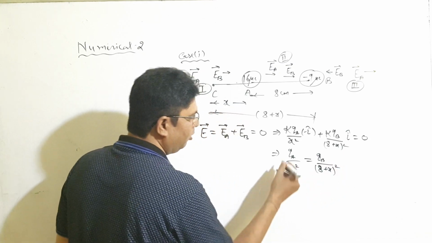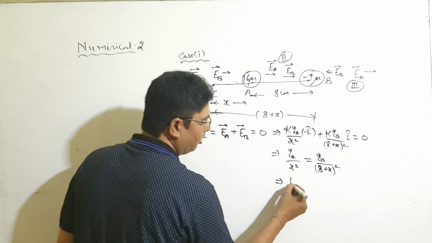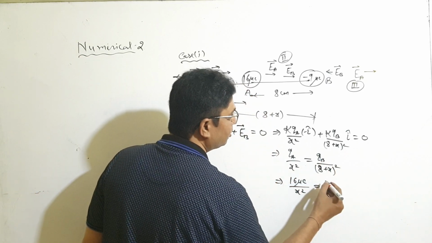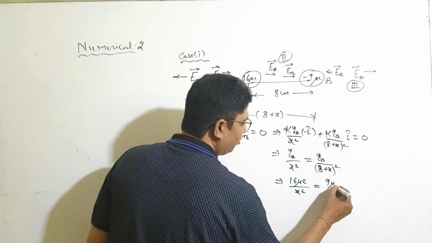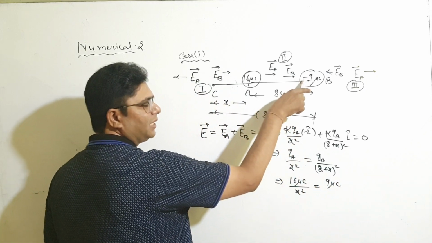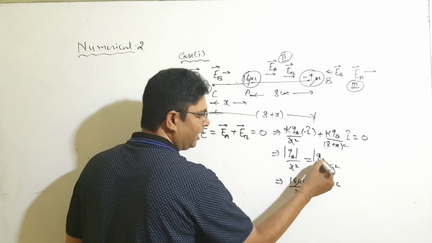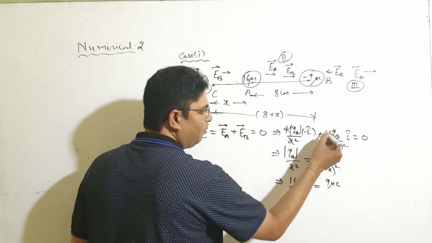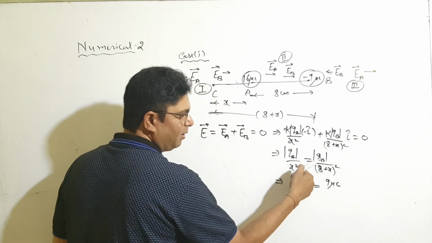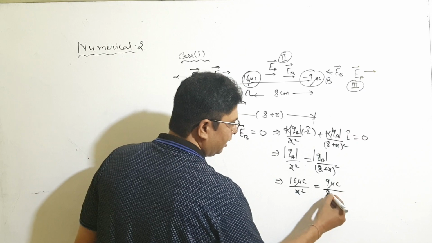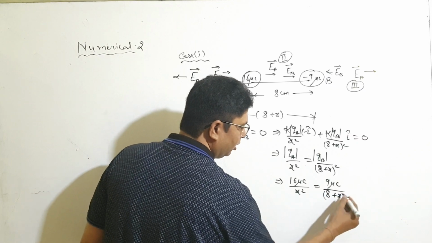So put the value of QA, which is 16 microcoulomb, upon x square. This is equal to 9 microcoulomb. Here it is a minus sign, but we are taking 9 microcoulomb because it is the magnitude. So we are writing magnitude of QB is 9 microcoulomb upon 8 plus x whole square.